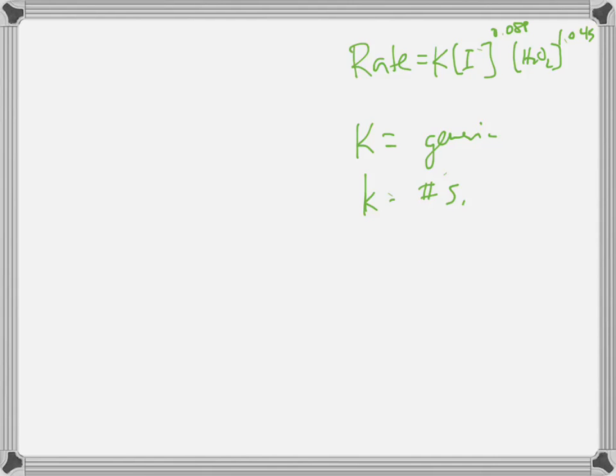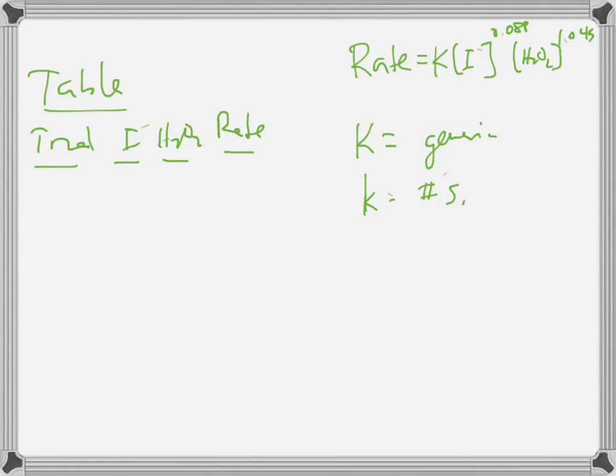Okay? Awesome that I deleted that table. One extra column that I would add to table 1 then. So let's go back and say we had table 1. We had what? Trial, I minus, H2O2, rate. What's the one extra column? Give me the rate constant. And list that rate constant for each of your trials.